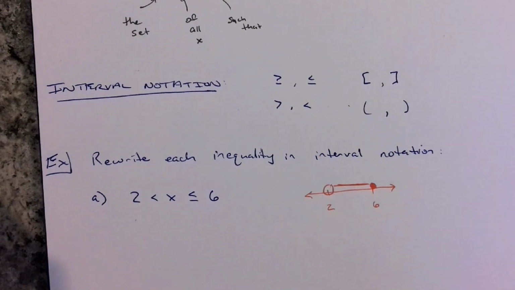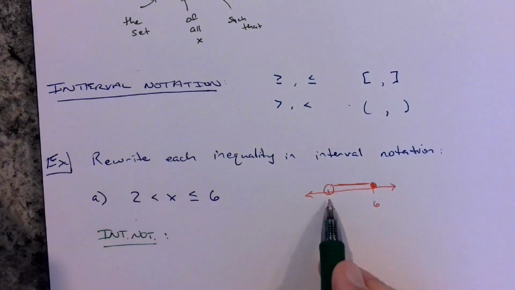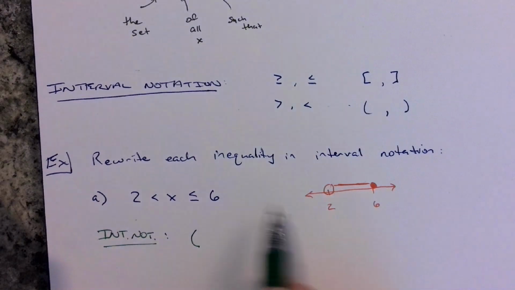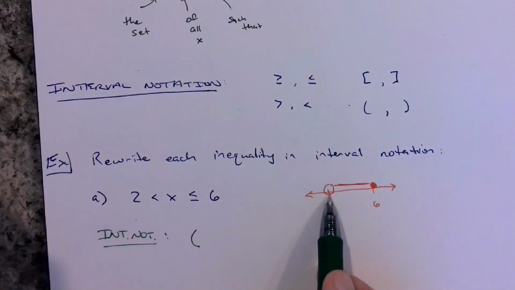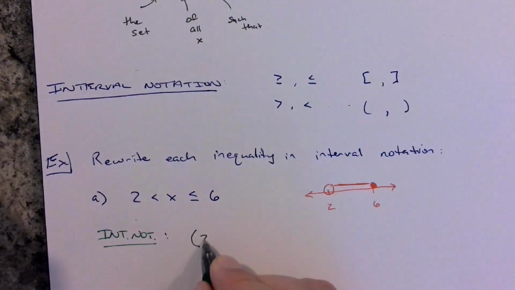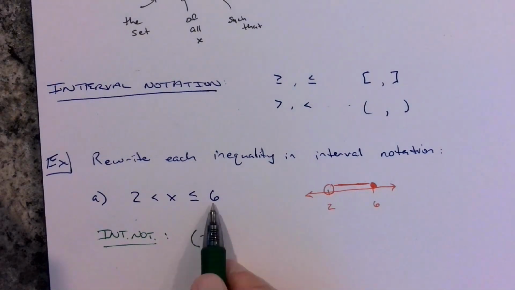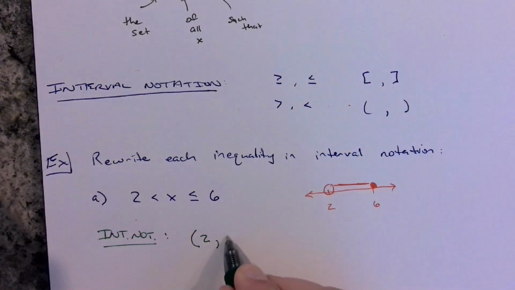So in interval notation, just for short, we'll abbreviate it. What do you start with? Well, you're not including the 2. It's an open circle, so you want to use a parenthesis. In other words, you had less than with no equal on it, so you didn't include the 2. So it's parenthesis 2, indicating you're not including the 2, but you want everything after it, up until, how high do you go? You go to 6, and do you include 6?